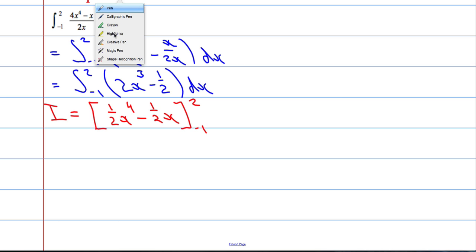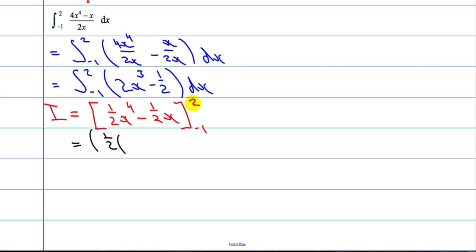Right, so like before, we start by putting in the upper bound. Let's change colour because I had a different colour in the last one. So we're going to take this upper bound and put it into the integral. I'm going to put up a pair of brackets to prepare and protect the function, if you will.